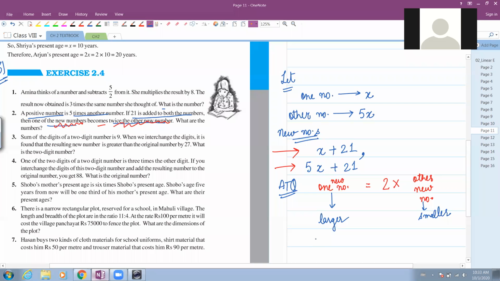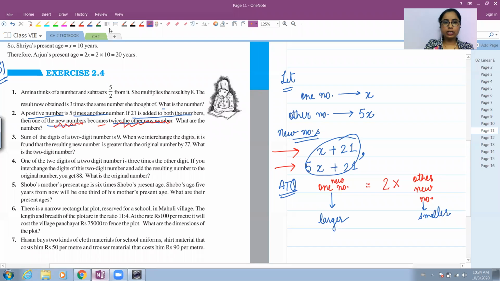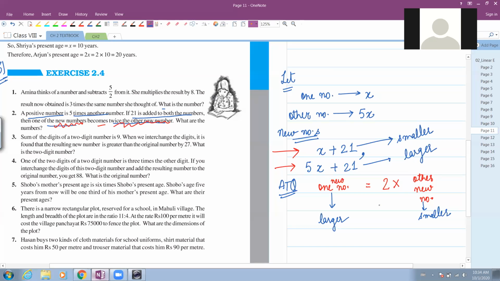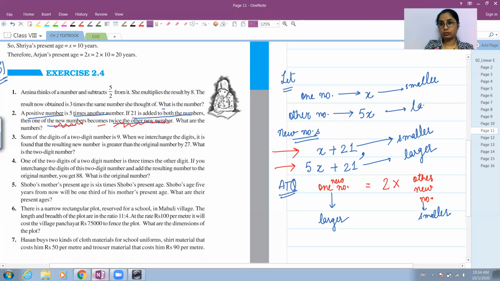Yes. Right? Now you want to use these new numbers. Can you tell me out of these two which one is smaller and which one is larger? You can also check from the beginning. The x is the smaller number and 5x will be very large.